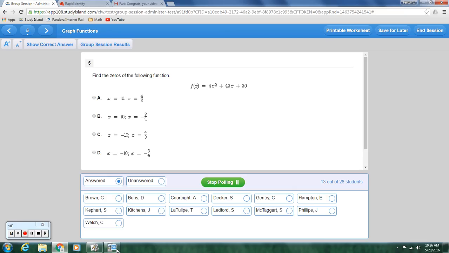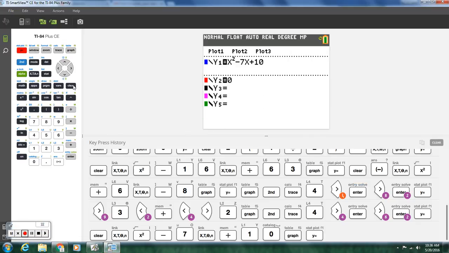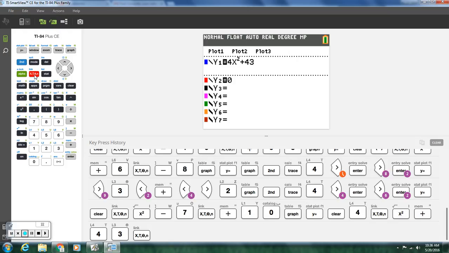Let me type it. 4x squared plus 43x plus 30. If I can remember that. Yeah, so you might see that one better.